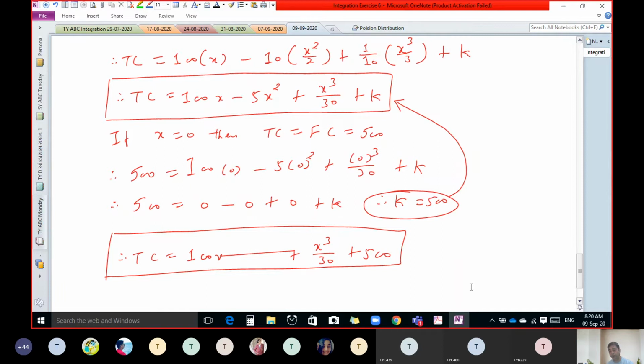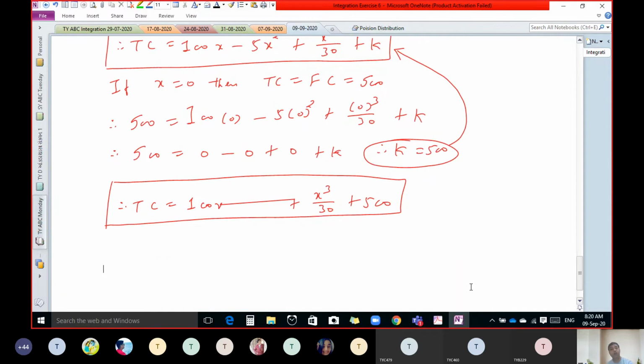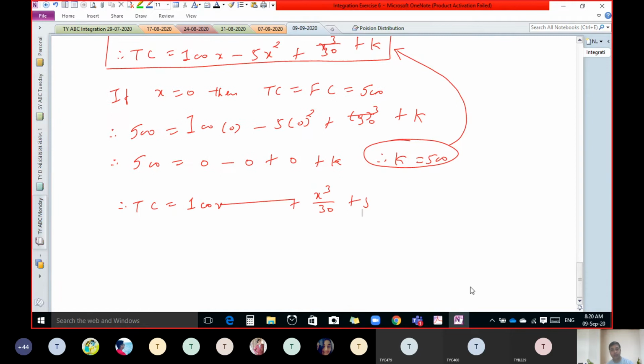No, it is not true. You have to always do this type of process.